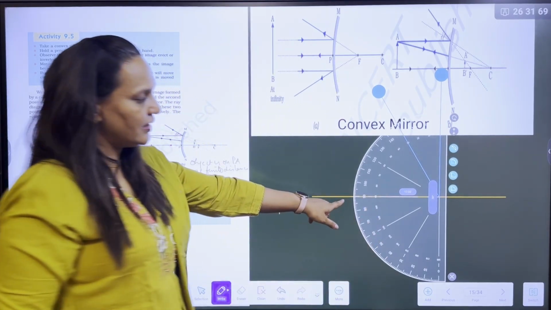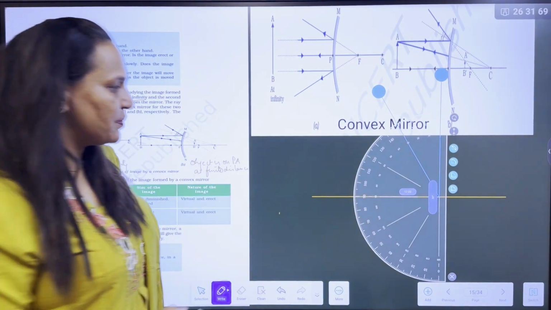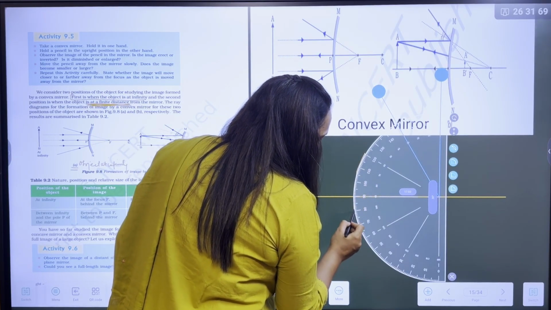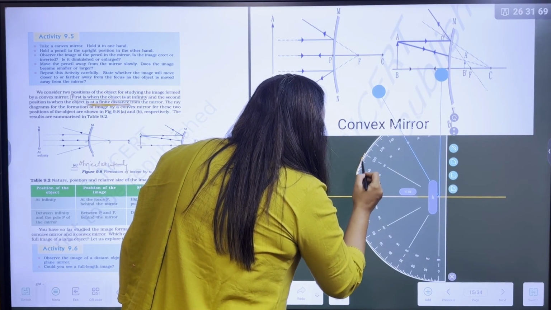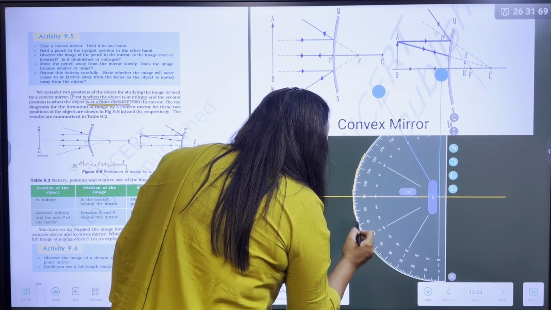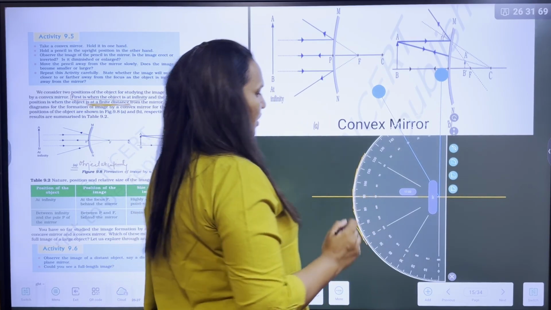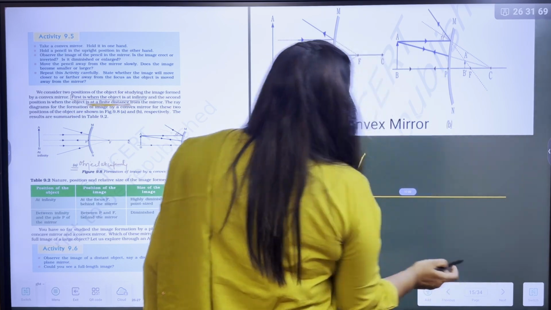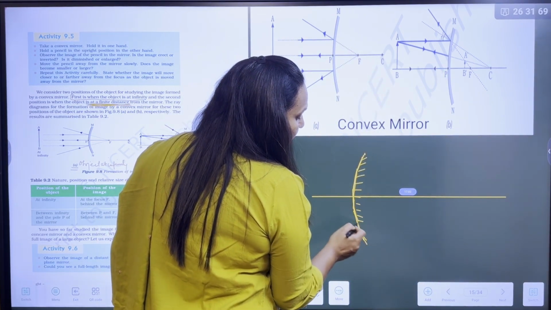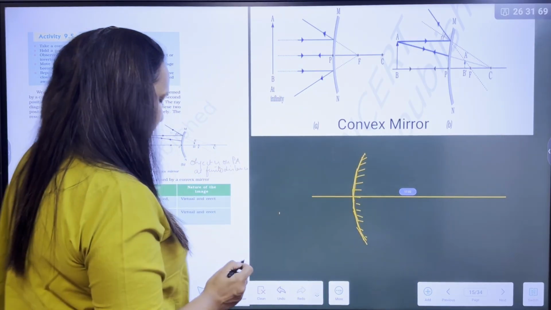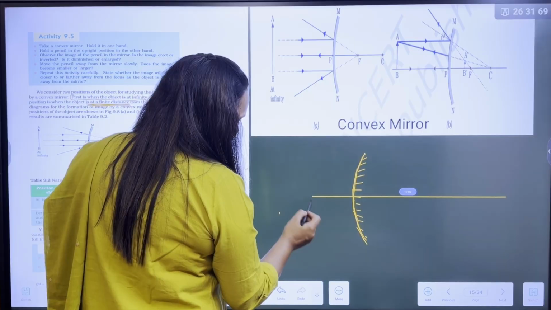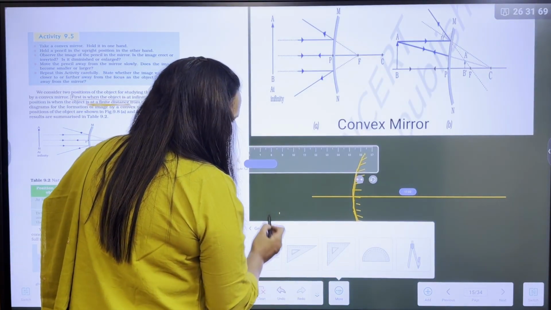My 90 degree is coinciding with the principal axis. 60 to 60, draw the mirror guys. Please draw the mirror 60 to 60. Right? Okay. So your mirror is ready, coat it, because you know the bulging surface is the reflecting surface, right? I will extend this principal axis a little bit more. I have less space here.